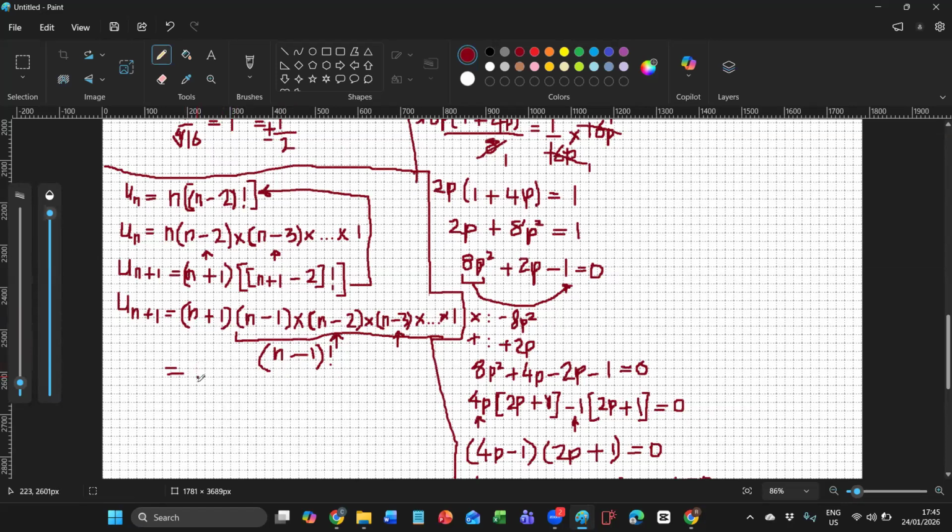So what you will have is n times n minus 1 factorial, minus, let me put that big square around it, minus, you take this one, n minus 1 factorial, and multiply the 1.